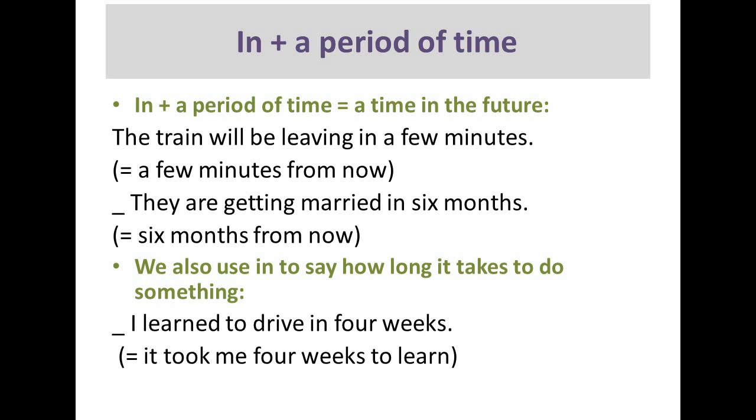In a few minutes the train will leave. And they are getting married in 6 months. So in 6 months, if we count 6 months, 1, 2, 3, 4, 5, 6, they are getting married.